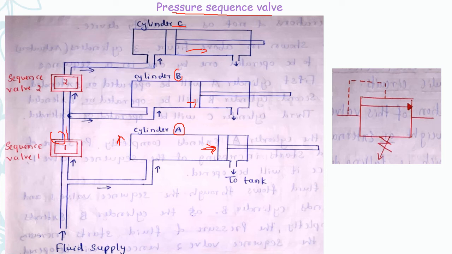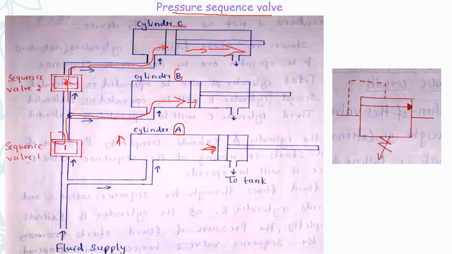The fluid flows through sequence valve 1 and next extends cylinder B completely. As the pressure of the fluid again starts increasing at sequence valve 2, this valve will be opened and then the fluid flows through sequence valve 2 and starts flowing to cylinder C, thereby extending cylinder C. In this way, all the cylinders will be extended one after the other.